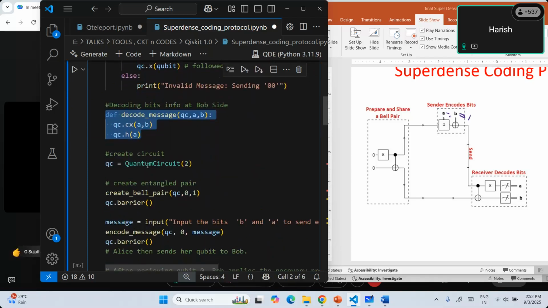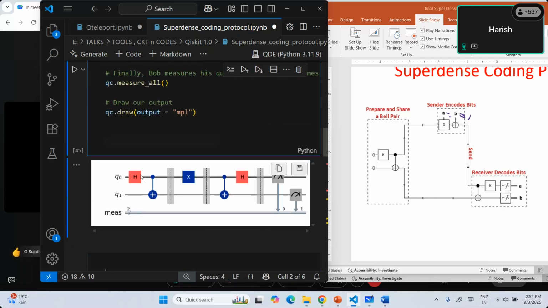Now let's start with how many qubits we require: 2 qubits. We initialize 2 qubits in a quantum circuit QC, then create the Bell pair first and put in a barrier. See here the output: the Bell pair is created by this Hadamard and controlled-NOT, and then we have put the barrier. So Bell pair creation is done.